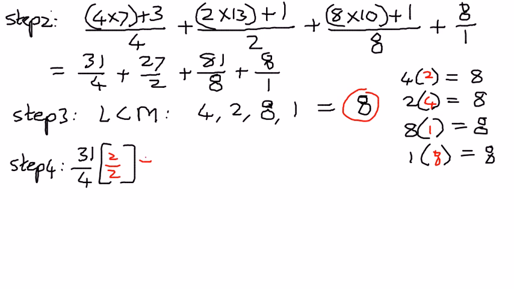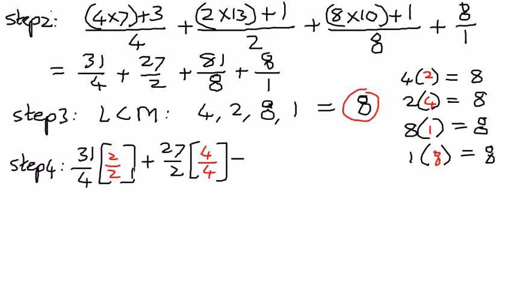The second fraction I have is 27 over 2, and if I were to find a common denominator, I'm going to multiply and divide this by 4, so the common denominator is going to be 8.